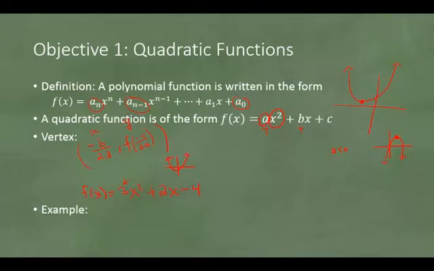The vertex is given again by negative b, negative 2, divided by 2 times a. That's your b, that's your a. So 2 times 3. And then it's the function at negative 2 divided by 2 times 3. Negative 2 divided by 2 is negative 1, so this is just negative 1 over 3. And this is the same thing, the function at negative 1/3.